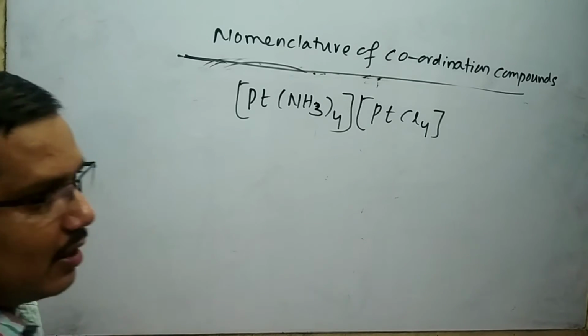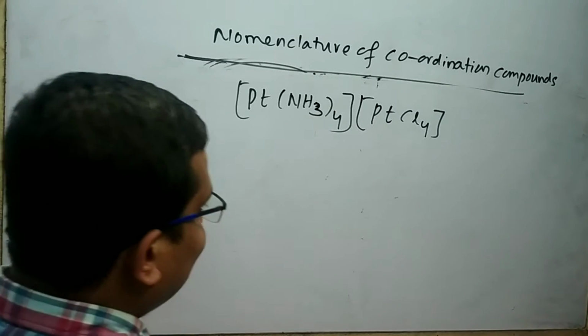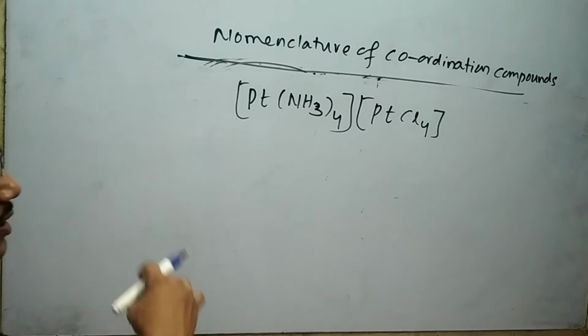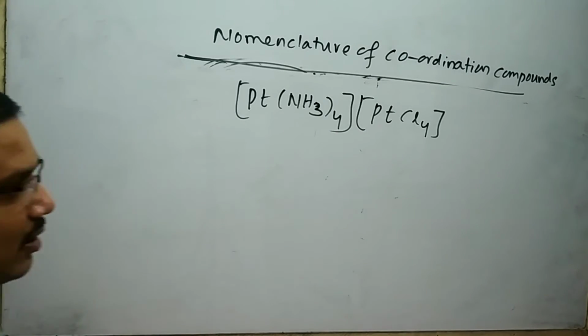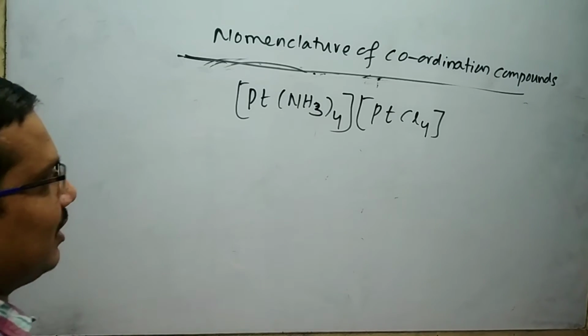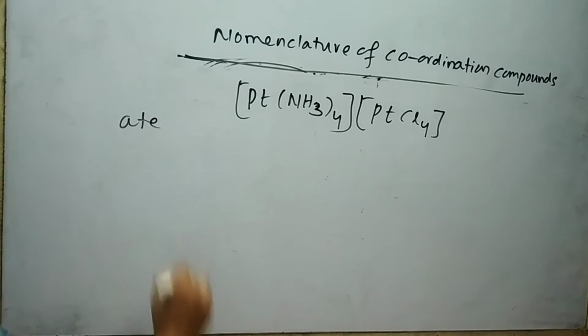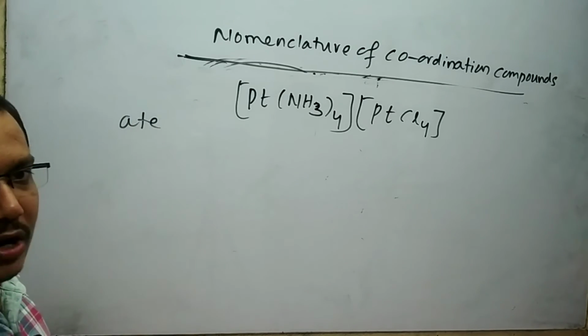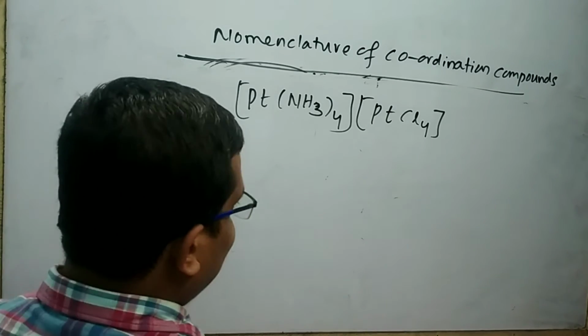Then the complex anion part will be written with the name of the metal, and the name of the metal must end with the word ate. Also here the oxidation number of the metal is written.